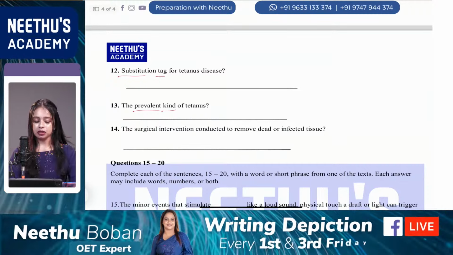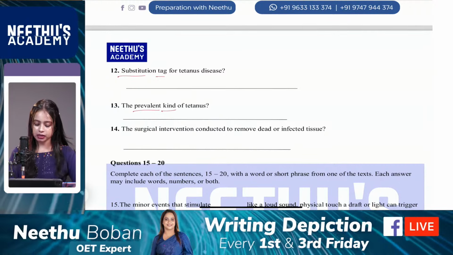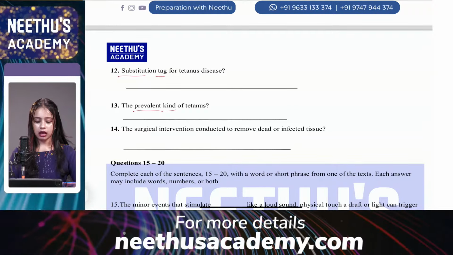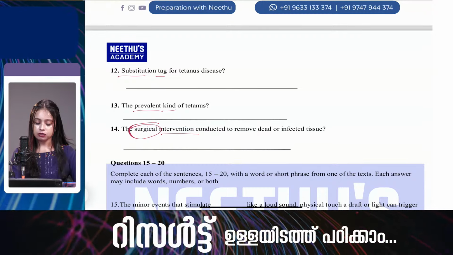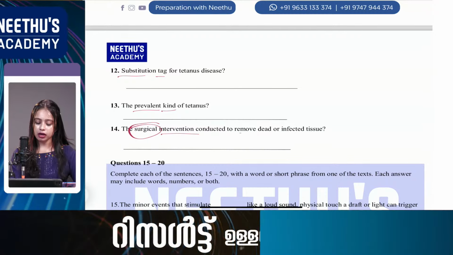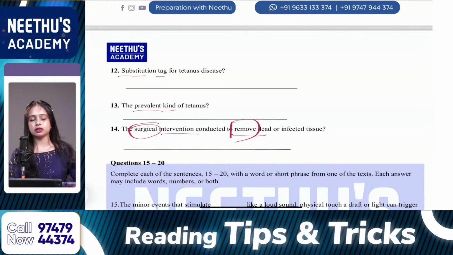Then the last one, the surgical intervention conducted to remove dead or infected tissue. Again, surgical intervention means it comes under the treatment. So my keywords are surgical intervention and remove. To remove dead or infected tissue, what is the surgical treatment that we are conducting?